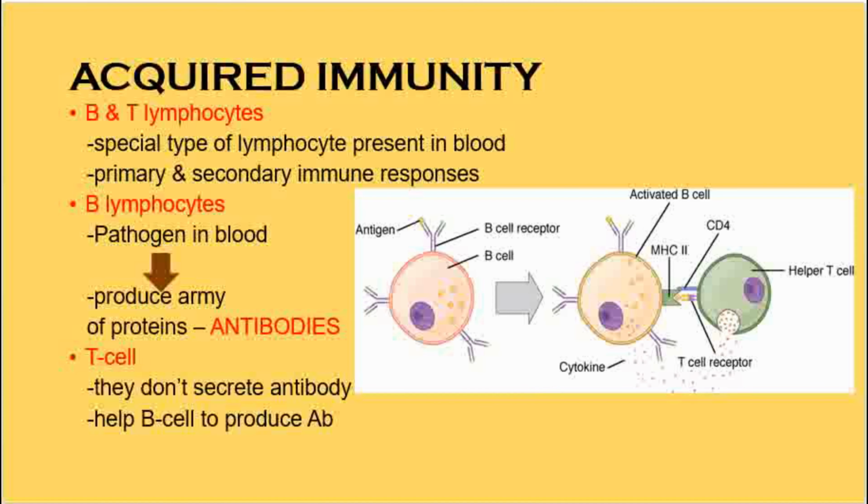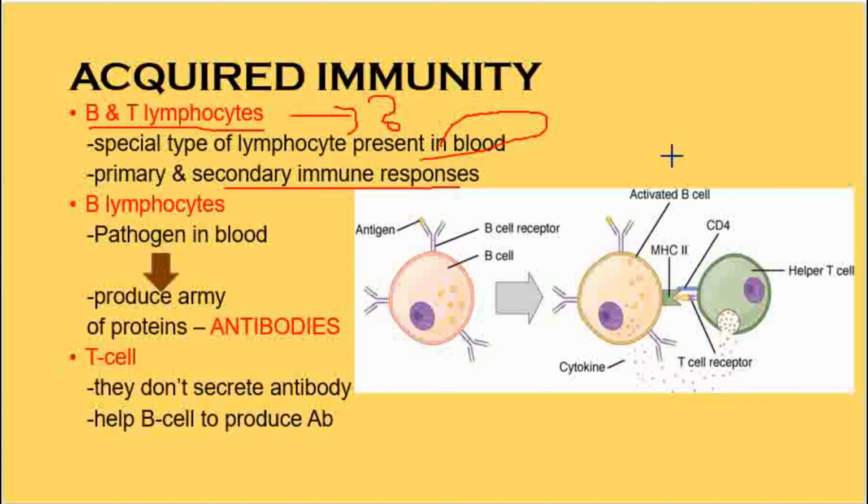So next in acquired immunity, about the B and the T lymphocytes. What are these? These are immune cells, B and T lymphocytes. These are special types of lymphocytes which are present in blood. These immune cells are produced during the primary and the secondary immune response.